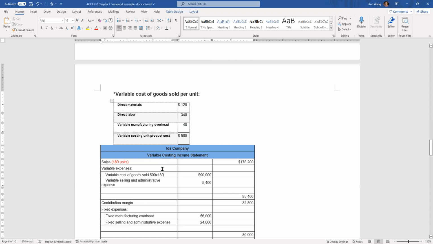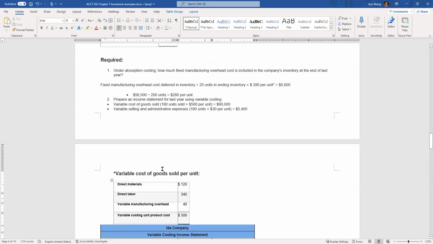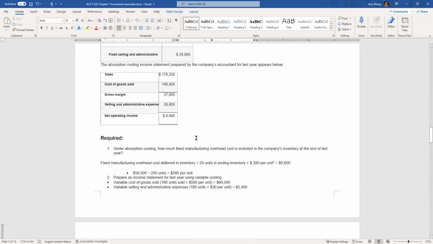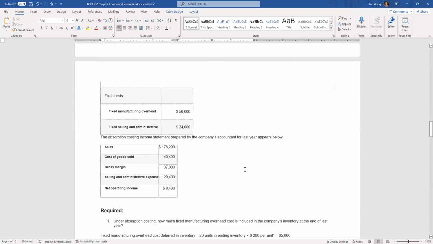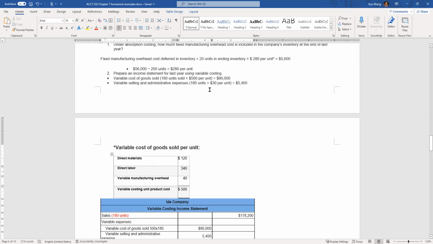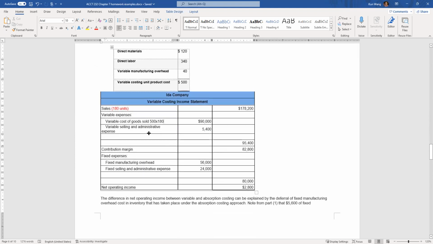And the variable selling and admin is 30, given with the explanations before the tables. So 180 times 30, that's the variable selling. So you got all of your variable expense, the variable cost of goods sold, only the variable manufacturing cost.